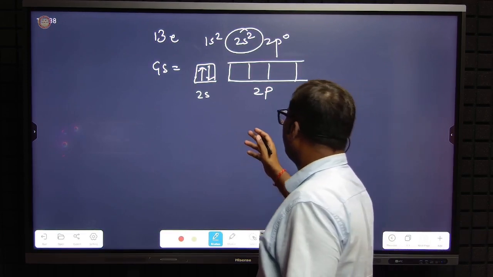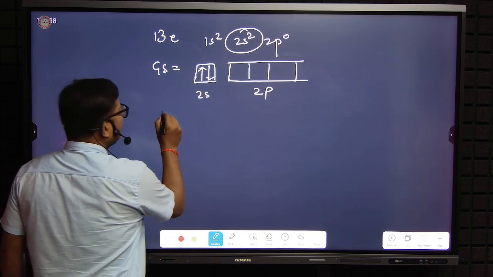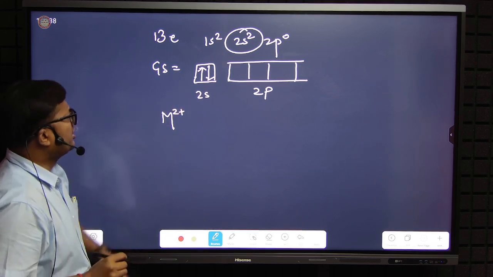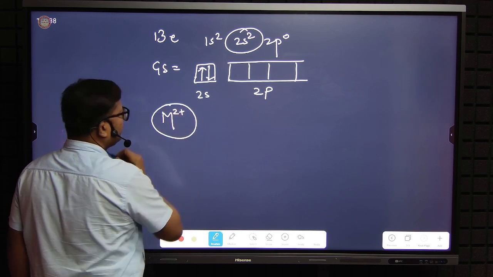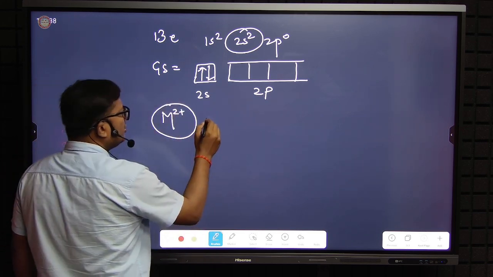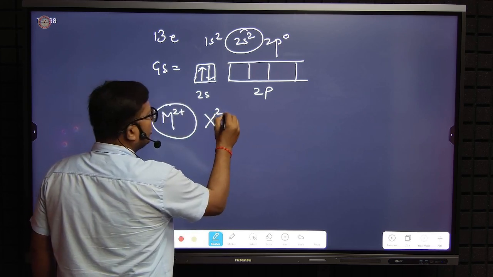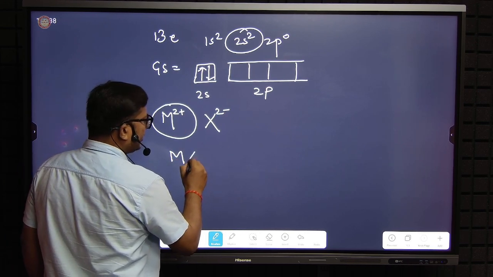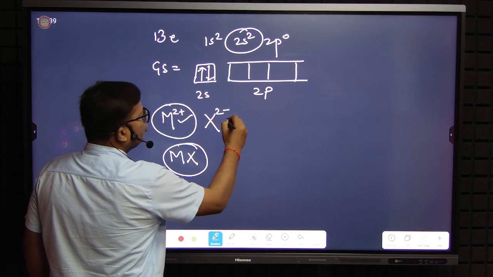Because of the presence of these two electrons and the existence of M2+, these two electrons are removed, resulting in the bivalent charge on that metal. So it forms compounds with another atom. Suppose we have X that contains two negative charge. So M has 2 plus charge and X has 2 minus charge.